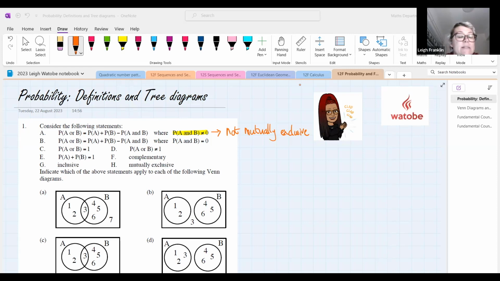So statement B is identical to statement A, except they say that the probability of A and B equals 0. So what can we say about that? If the probability of A and B equals 0, what does that mean for us?